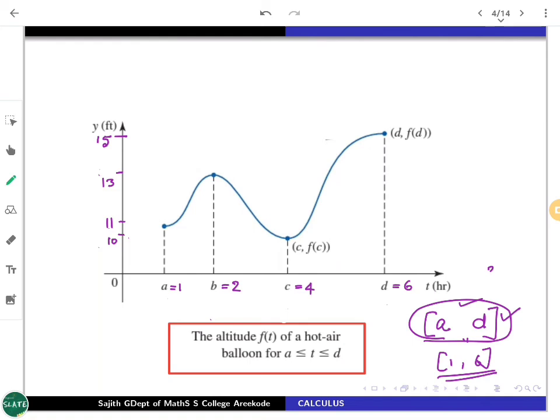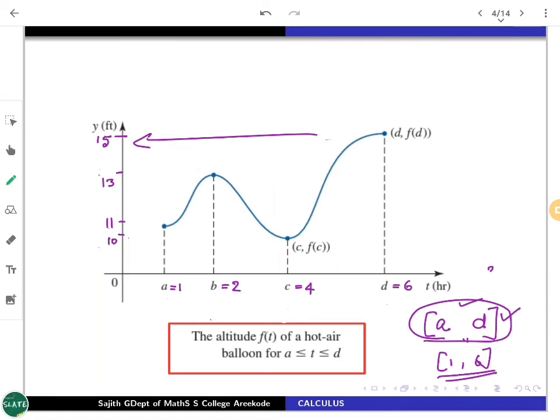This is through the entire global journey. So on the whole domain, I will say that my function f has an absolute maximum at d, and the corresponding value, here it is 15, I will say is the maximum value of f on that domain.